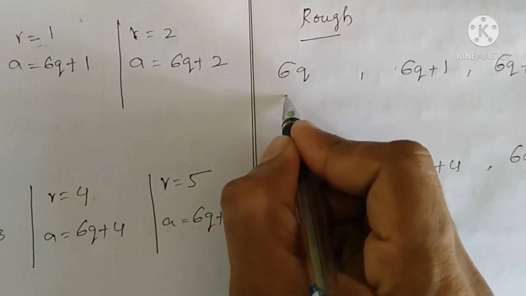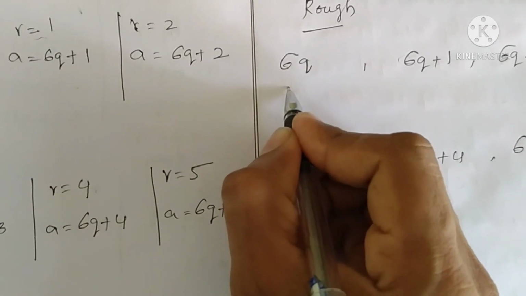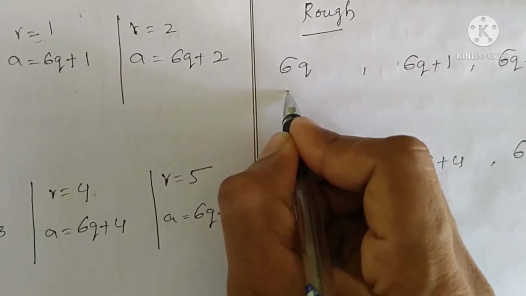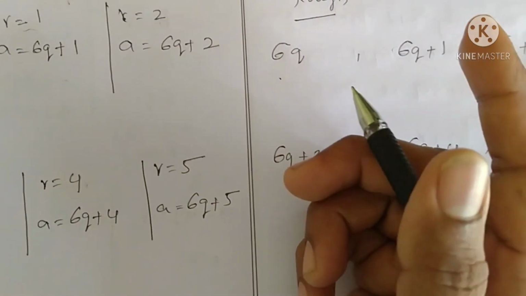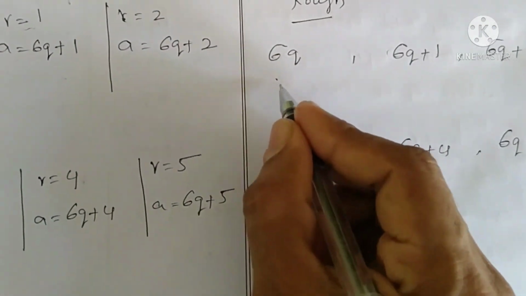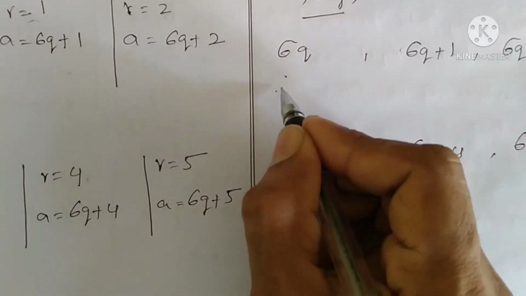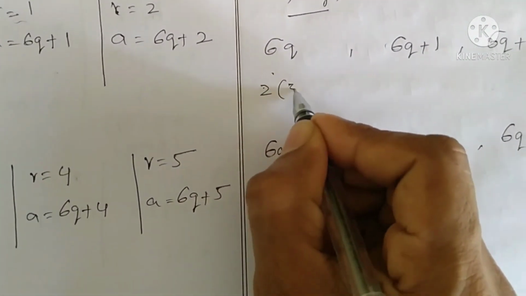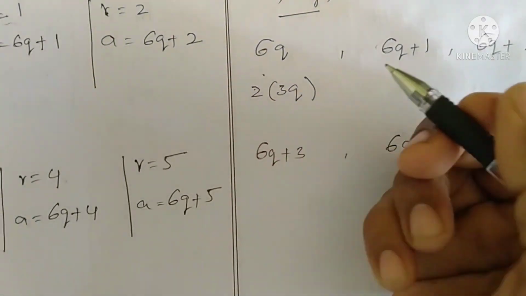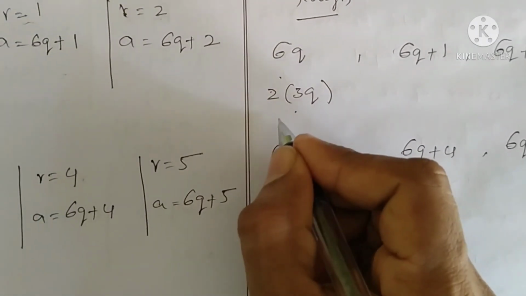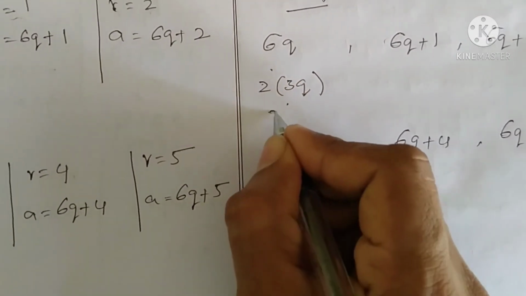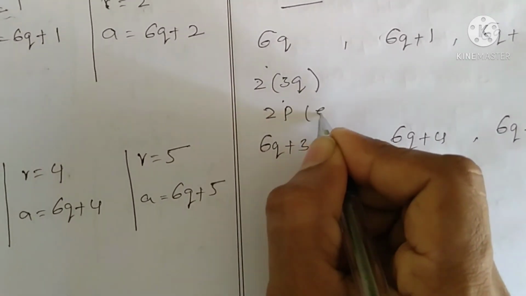Why? Because every even integer is of the form 2q, and every odd positive integer is of the form 2q plus 1. These are all rough work. So 2 into 3 is 6, so 3q. Here 3q is any integer. Let's assume it is p. So 2p, it is even.